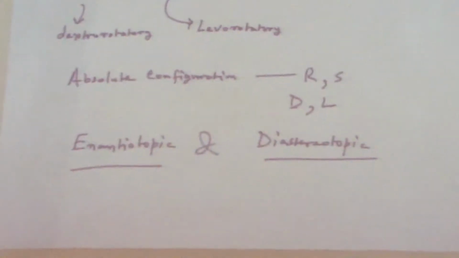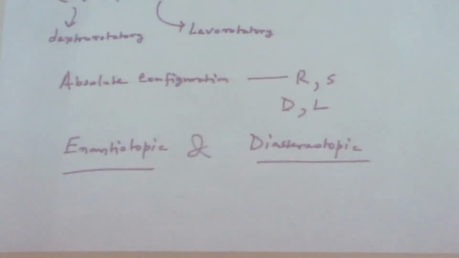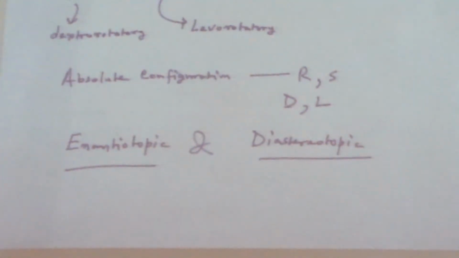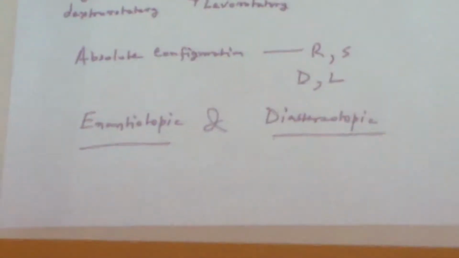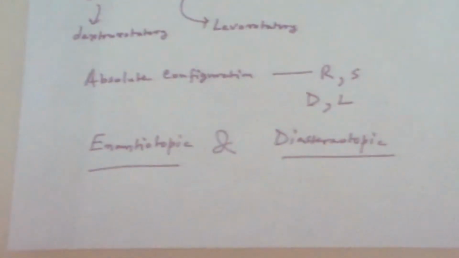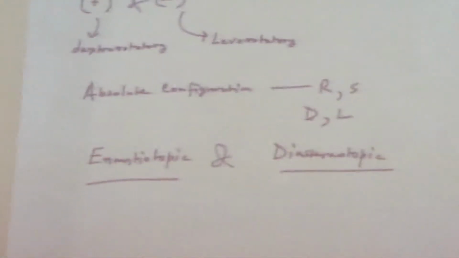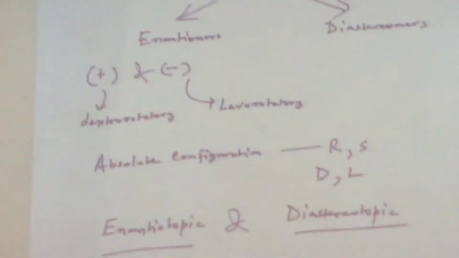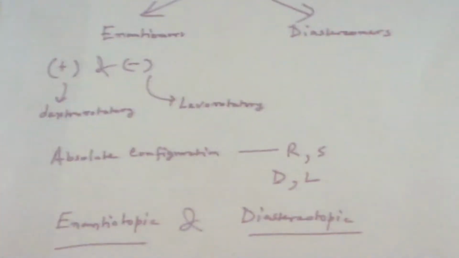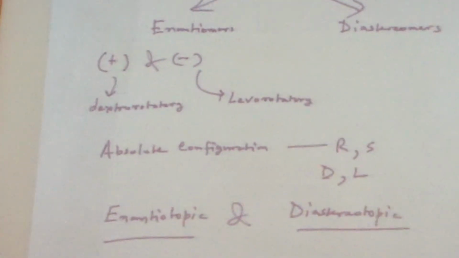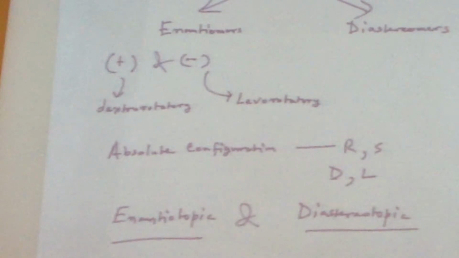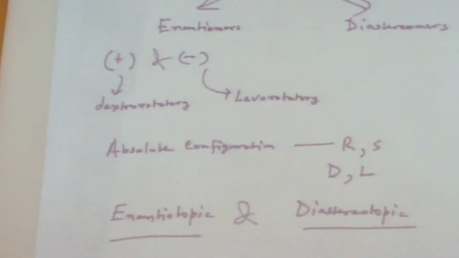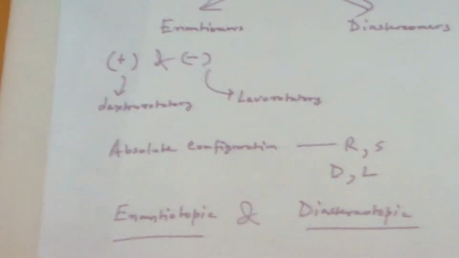Now, enantiotopic and diastereotopic relate to the face, because you can start with something that is achiral, but a reagent can add either a hydrogen or some other molecule to that, as we have seen in the case of double bonds, from two different sides. And that will give you two enantiomers or two diastereomers, depending on the type of molecule you are dealing with. And enantiotopic compounds are more common than diastereotopic compounds.